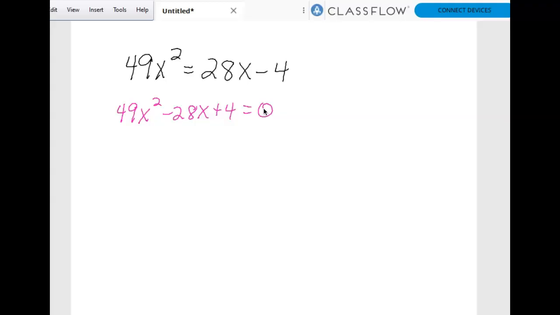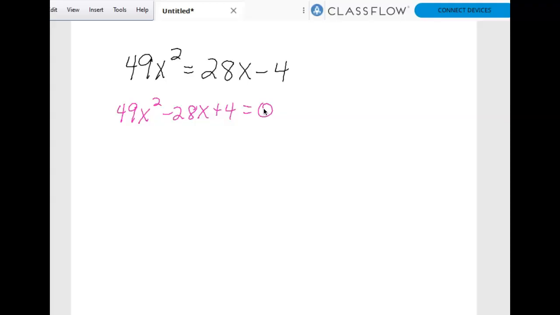Okay, first of all, is there a greatest common factor? Nope. All right, 49 times 4, who knows? It is big. But do we know the multiplication facts of that? We don't. And it's a big number.